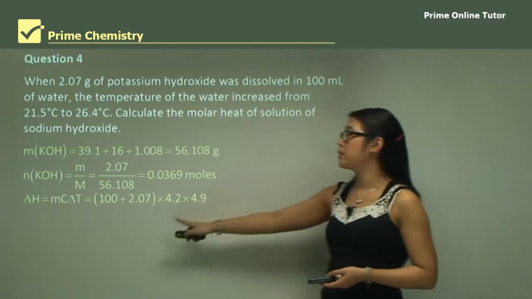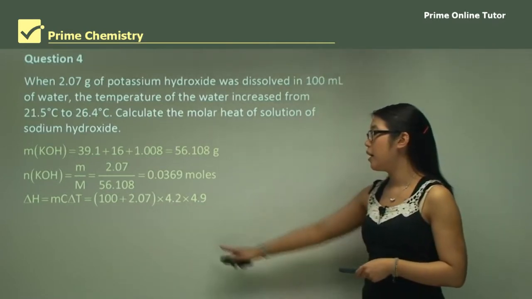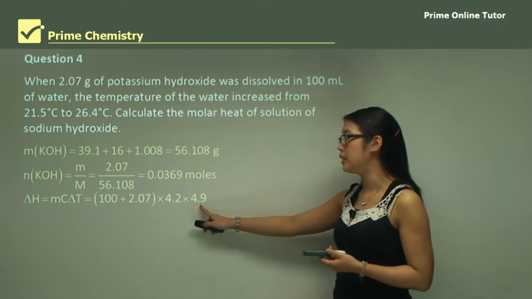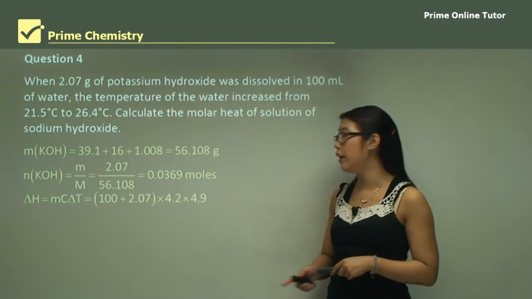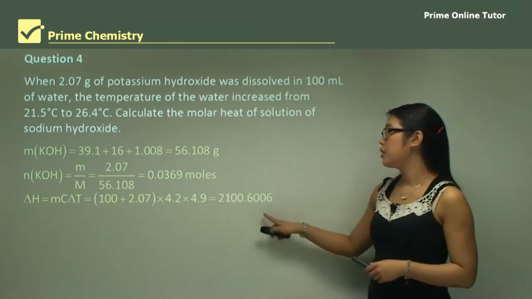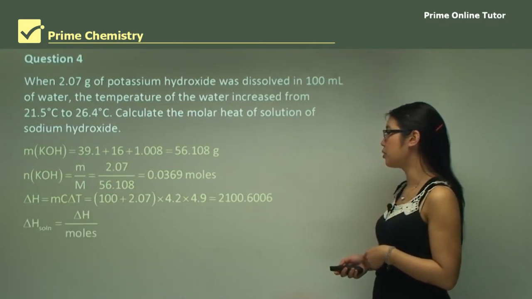So 100 grams plus the 2.07 of the potassium hydroxide, times the heat capacity of water, 4.2, times ΔT, the change in temperature, which is 26.4 minus 21.5, gives us 4.9. Calculate that: 2,100.6 joules.